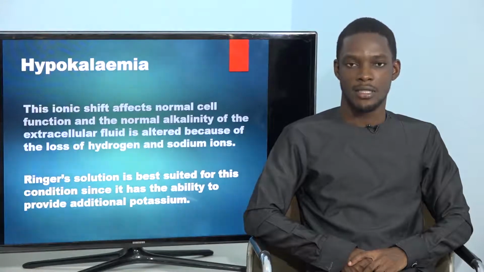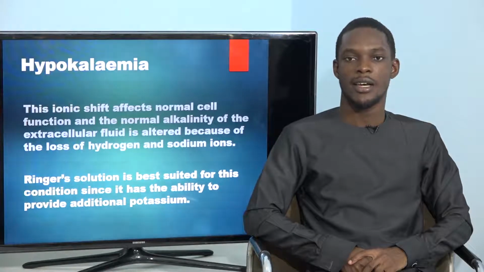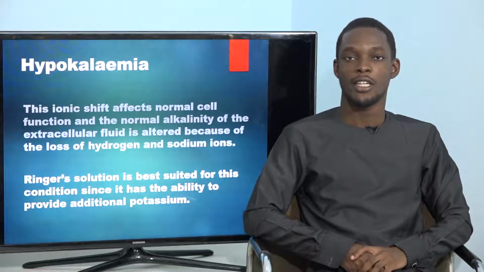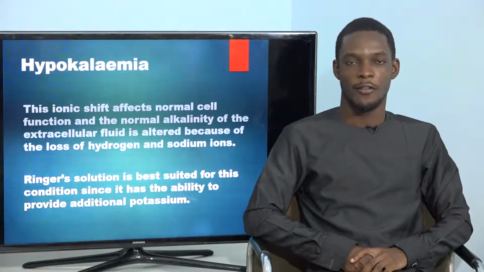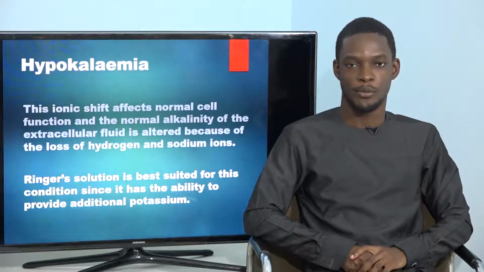This ionic shift causes an imbalance and causes the normal alkalinity of the extracellular fluid to shift. And this change in alkalinity to acidity is often corrected with Ringer's solution, or as has been stated, D5, 0.5 normal saline with 20 milliequivalents of potassium.